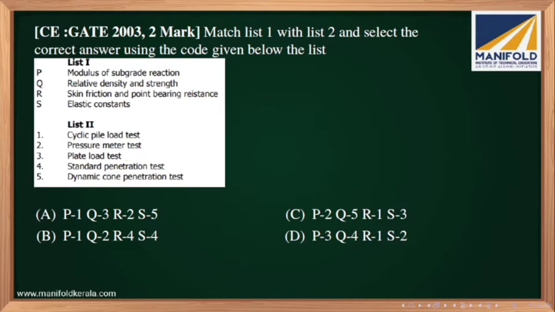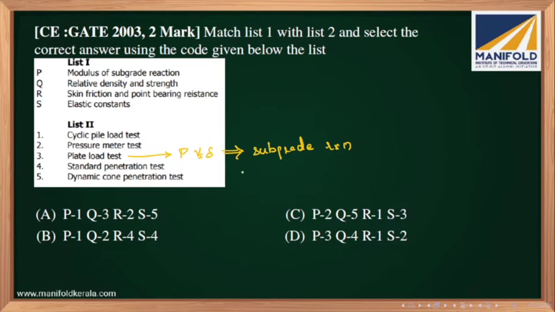In this, the plate load test is a very familiar one. From the plate load test, we can find the load versus deformation. Using this data, I can find out the subgrade reaction. What is the subgrade reaction? Unit load per unit deformation.